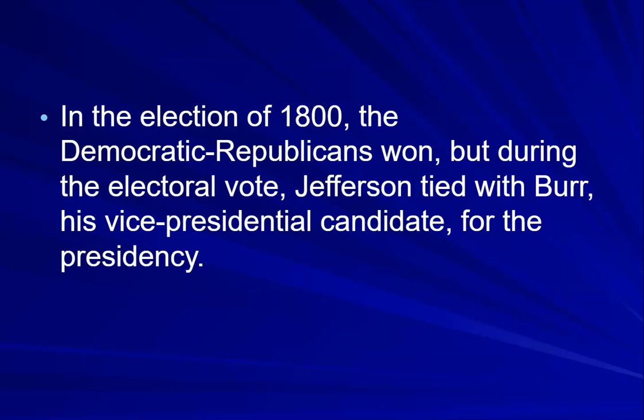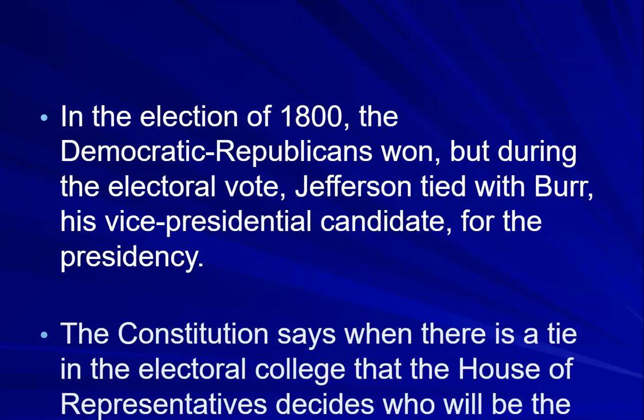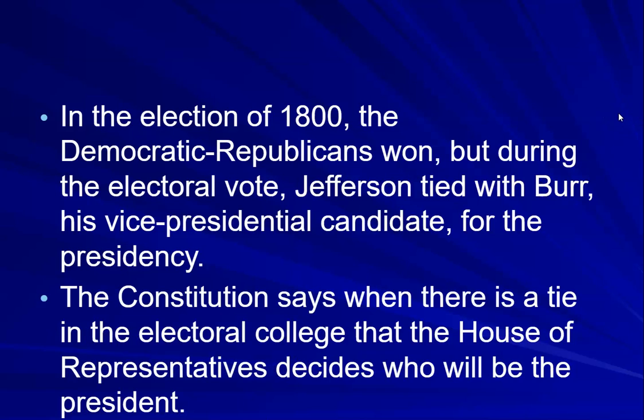So my ballots are going to be 1 for Jefferson and 1 for Burr. Well, as you can guess, if you do this, that means there's going to be an equal number of votes for Jefferson and Burr. Now, the Constitution says when there's a tie in the Electoral College, which is what this was, that the House of Representatives will then decide who's the president.